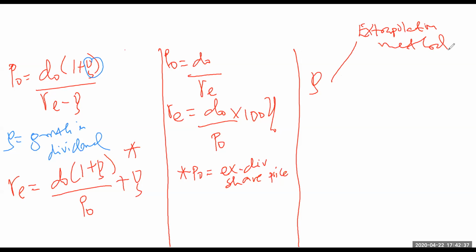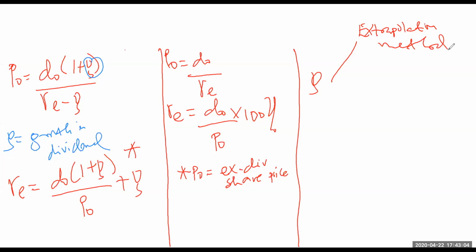Simply, we are extrapolating the past into the future. If, for example, the growth in dividends in the last number of years has been 10%, then you can assume that going forward the growth in dividend will also be 10%. The past growth in dividend we assume will also be the future growth in dividend.